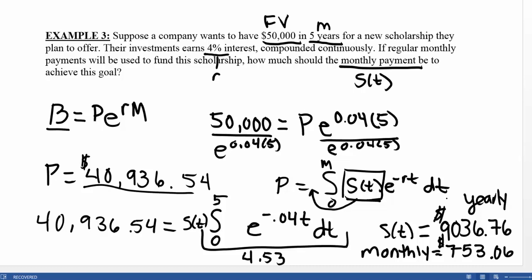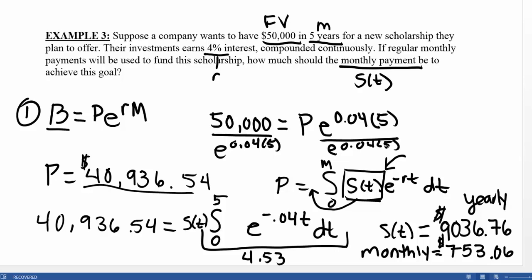So again, if we're given a future value and we're asked to find a payment, whether it's a yearly payment, a monthly payment, a daily payment, we have to start with our future value and use that to solve for present value. That was step 1. Once we have our present value, we can then use that to solve for our regular payment, S of t.